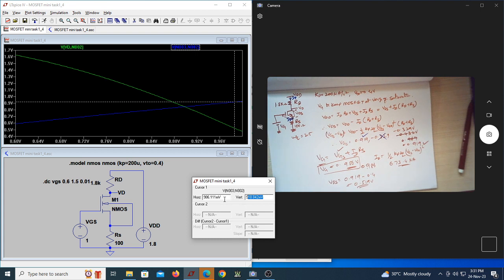So at this VG, you have this much VGS, with hardly a millivolt of difference. That's how you are able to verify this theoretical calculation with the simulation results. Thank you.